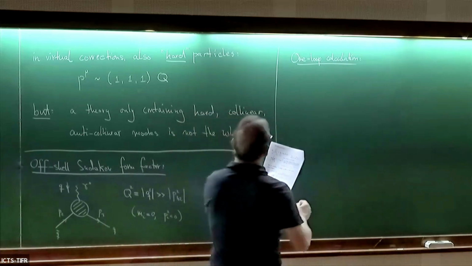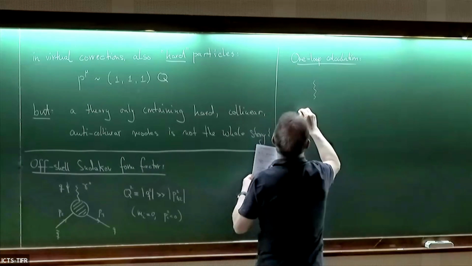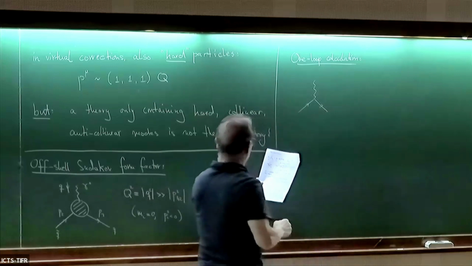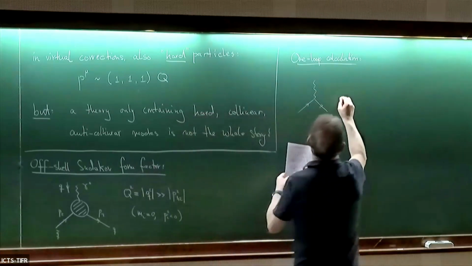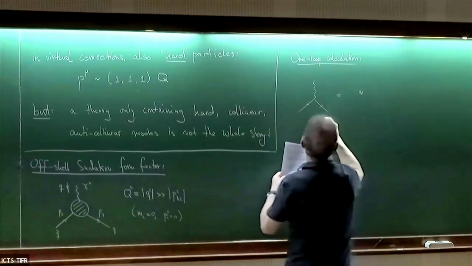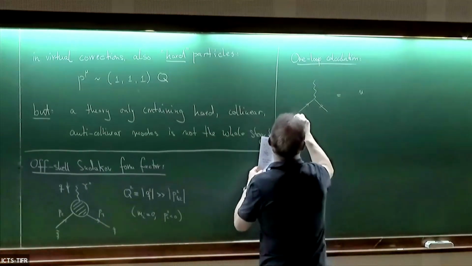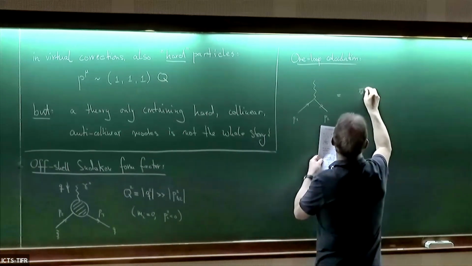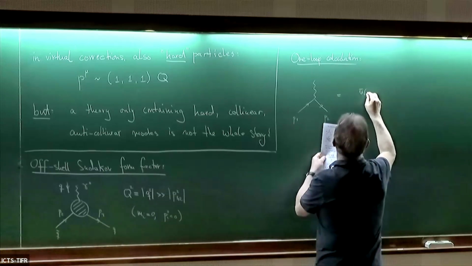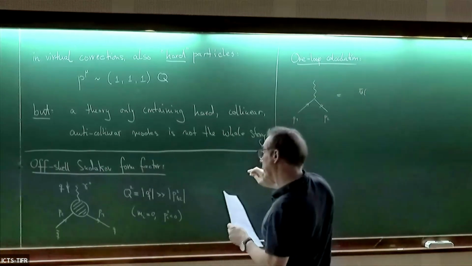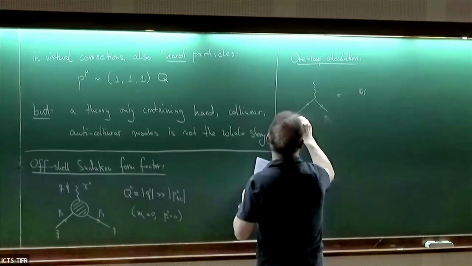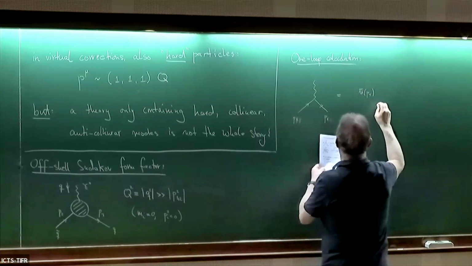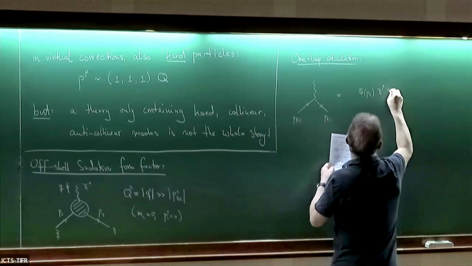So at one loop, what would we need to do? At tree level, of course, we have a single diagram here, where we have the virtual photon, the quark and the antiquark, and that would simply be a spinor. Let me give momenta to the particles, p1, p2. That would simply be a spinor for particle 1, gamma mu, and some spinor for particle 2.